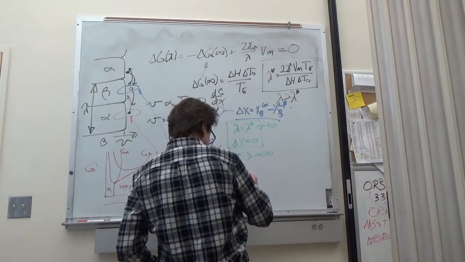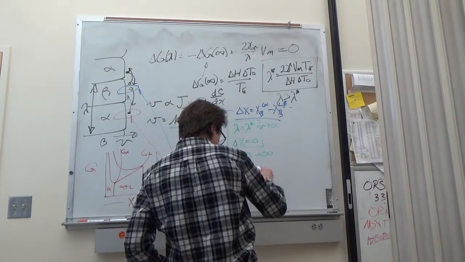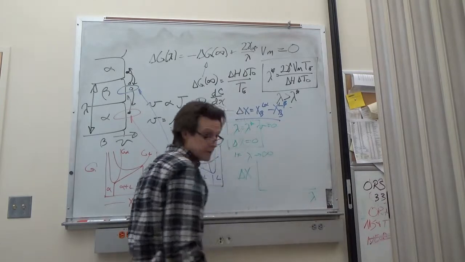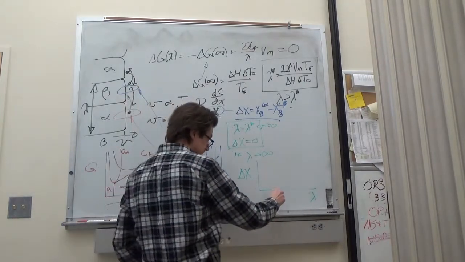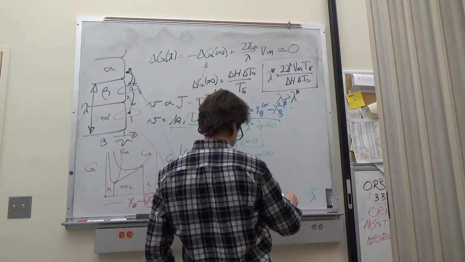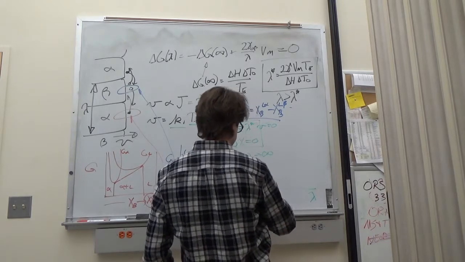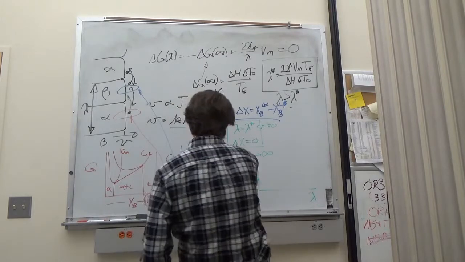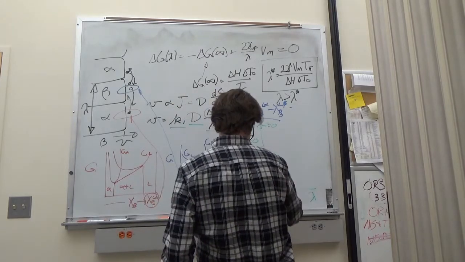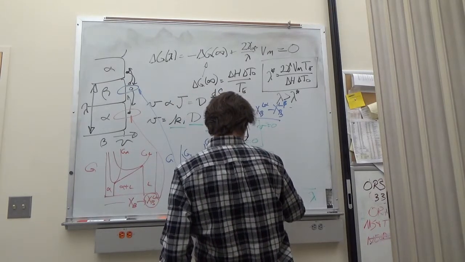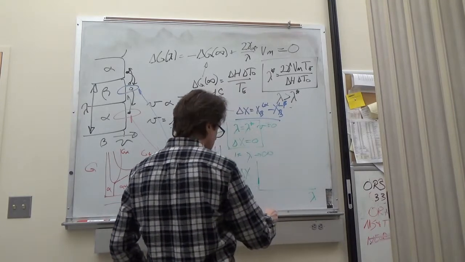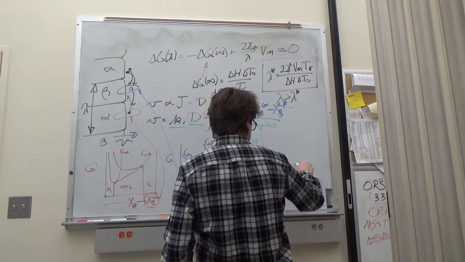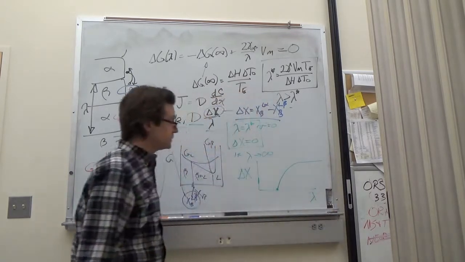So our delta X versus lambda should have some shape like that.